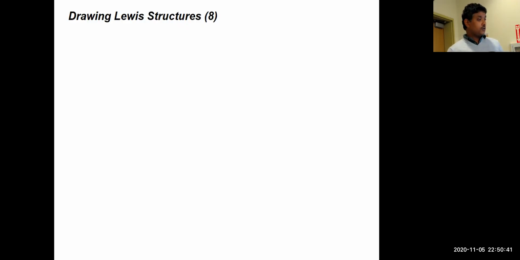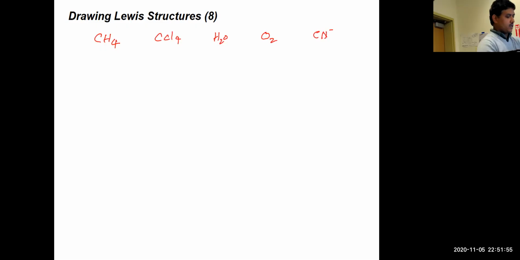I'm going to ask you to draw the Lewis structures on your own for the following molecules by using the rules: CH4, CCl4, H2O, O2, CN-.